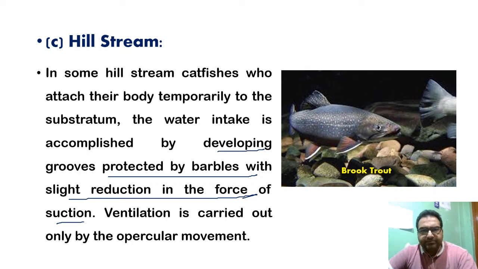In the case of certain other fishes, while attaching to the substratum with their suctorial mouth, because we all know that certain hill stream fishes are suctorial, because they have to attach themselves to the stones or pebbles, otherwise they will be swept away.